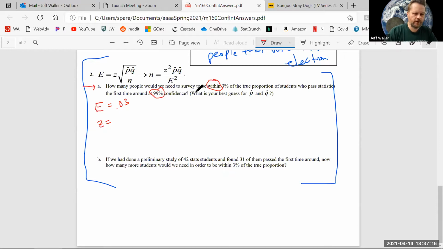Now let me say a phrase: baby chart, not baby shark, baby chart. Does anyone remember what baby chart reference is? Can you find the 99% confidence level very quickly using the baby chart? 1.645. Uh-oh, no, that's 90. I want 99. 2.575.